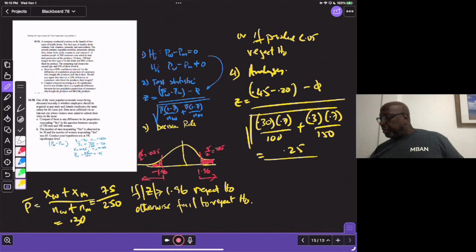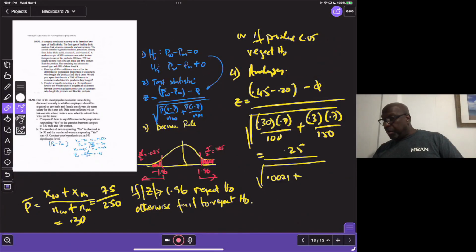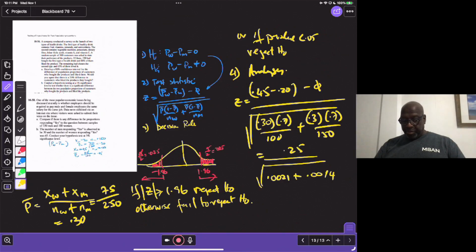The denominator is going to be the square root of 0.21 over 100, which is 0.0021, plus 0.21 divided by 150, which is 0.0014.